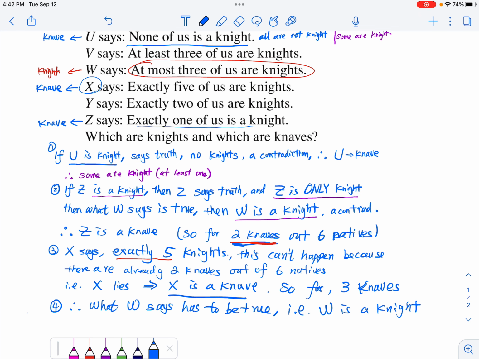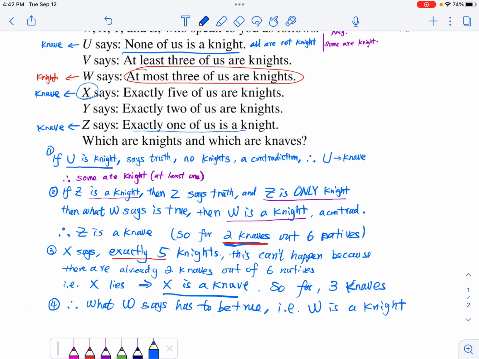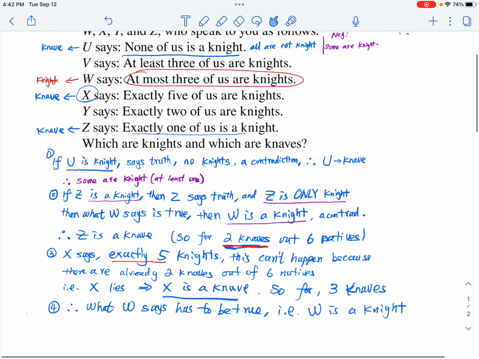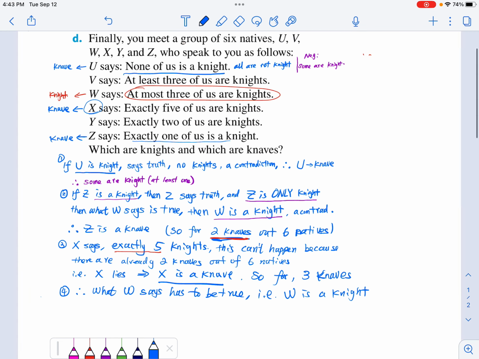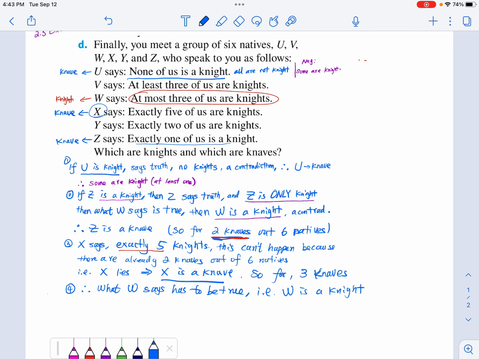Okay, now let's continue to read. V says at least three of us are knights. At least three of us are knights. Let's just pick V and assume V is the knight, okay? You just pick one and assume.